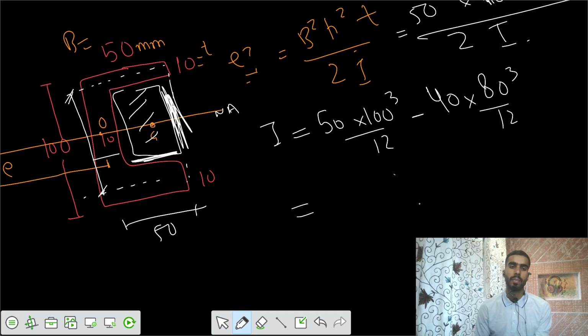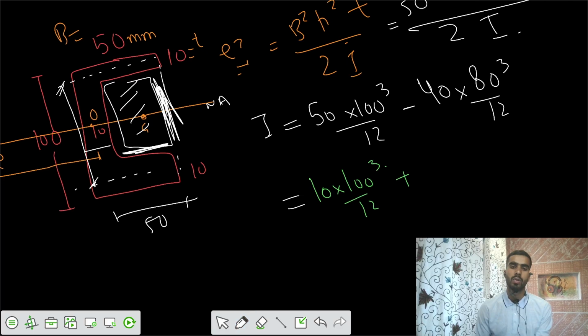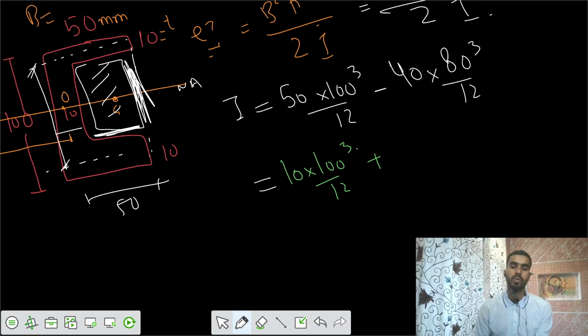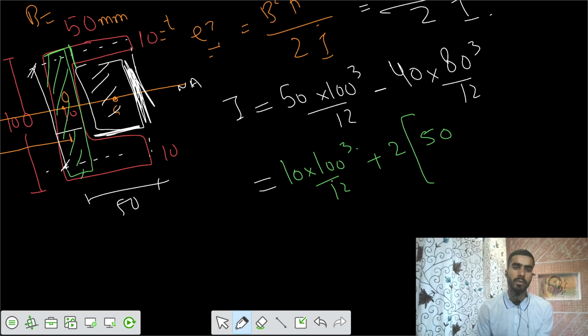Let's say you have a bigger rectangle of width 10 and 100 cube by 12. Then you add those two rectangles at some distance d from the neutral axis. So 2 times BD cube by 12. Now we have 40 width only.